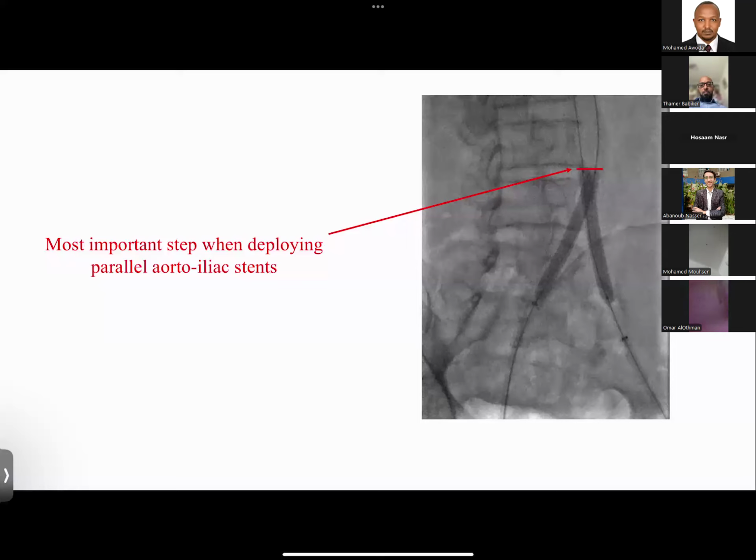But whatever you decide to use, the iliac stents, whether it's SERAP or parallel stents through and through, the most important step is that when deploying the parallel aortoiliac stents, they have got to be absolutely parallel and absolutely at the same level. You cannot deploy one stent above the other.